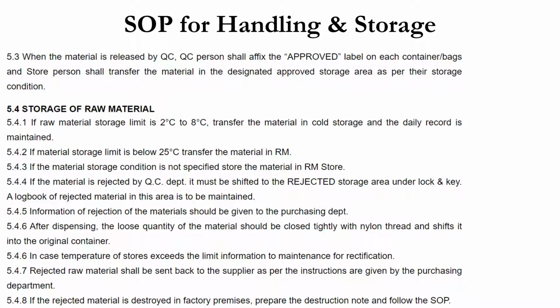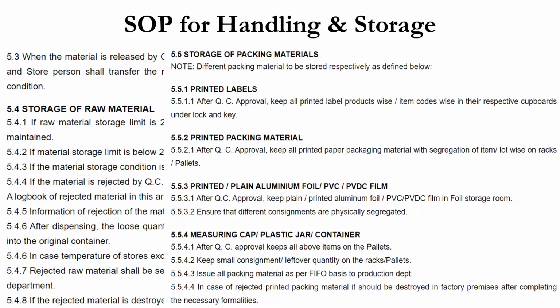Rejected raw material shall be sent back to the supplier. If rejected material is destroyed in factory premises, then prepare the destruction note and again follow the SOP. For packaging printed labels, after the QC department approves the label, the approved labels should be used for labeling on the material or boxes.